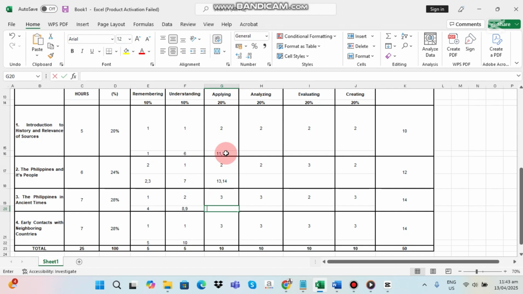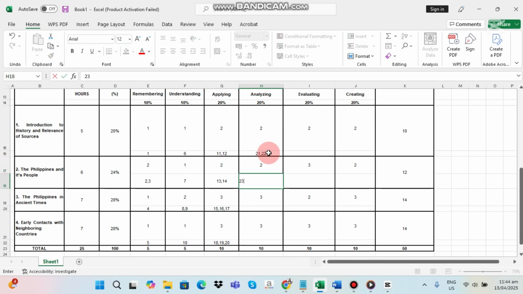Then 3 items: 15, 16, and 17. We have 3 items, so 18, 19, and 20. Then 2 items, so 21 and 22.